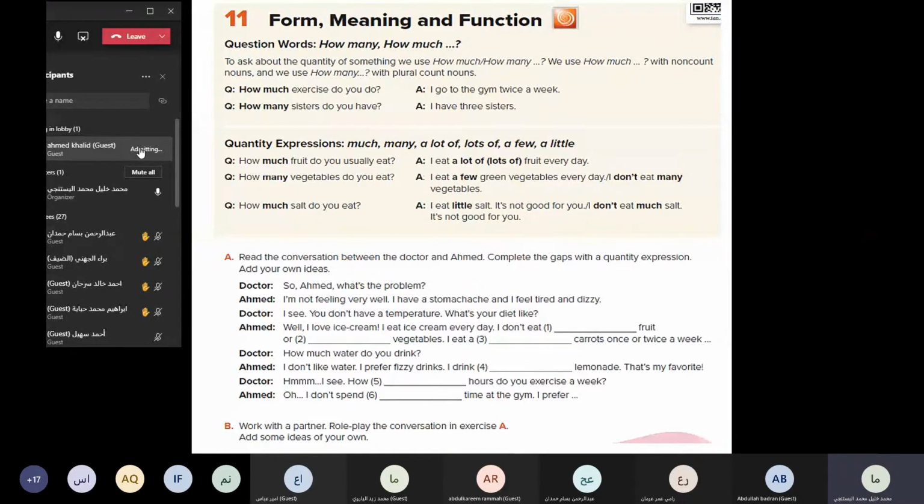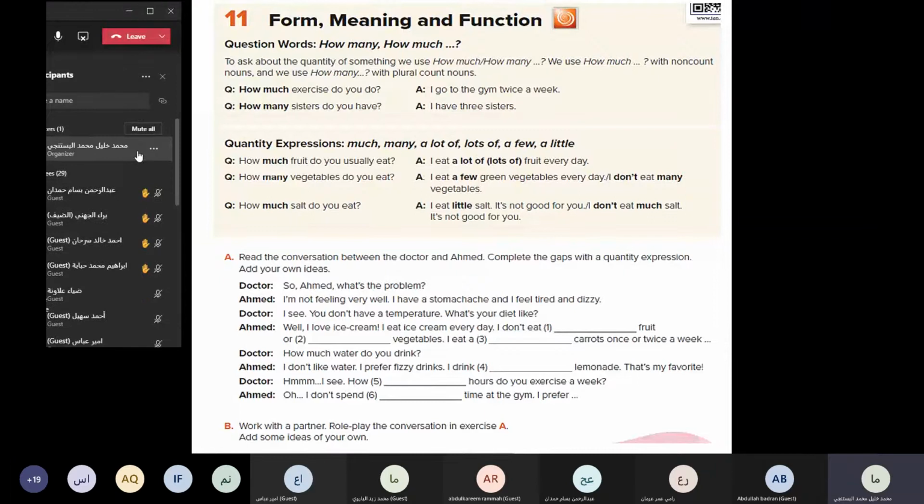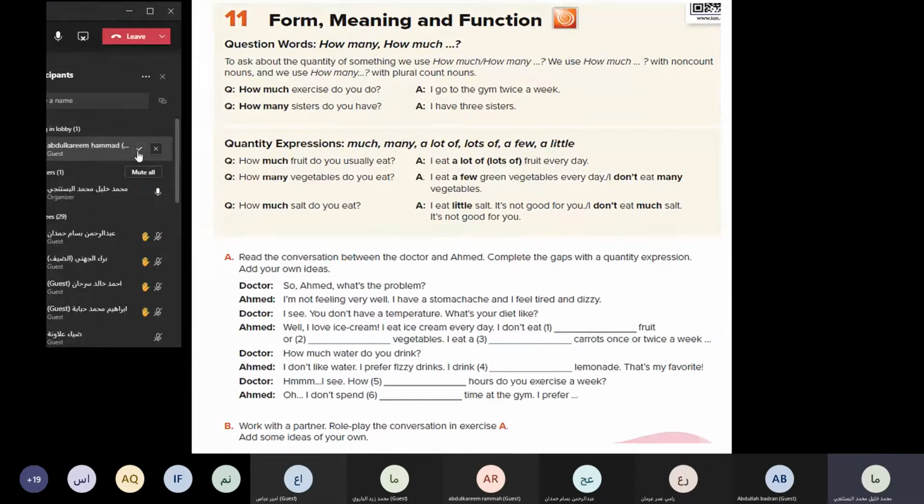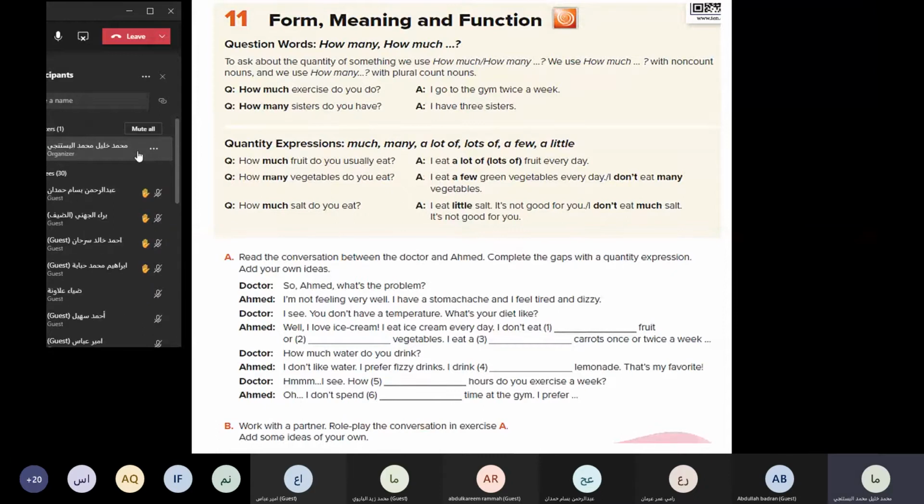Okay. Now here we have a lot of, lots of. A lot of and lots of are both used with plural countable nouns and uncountable nouns.